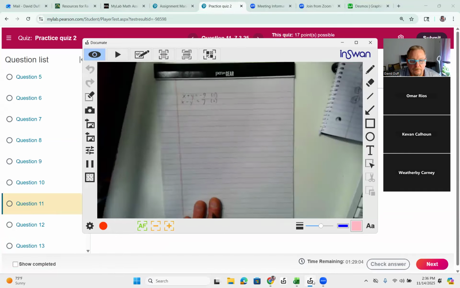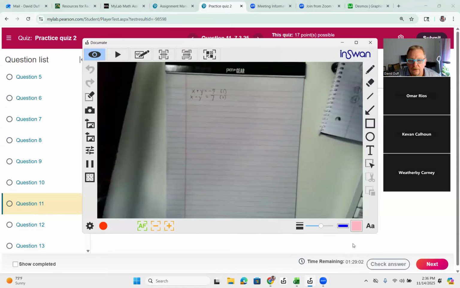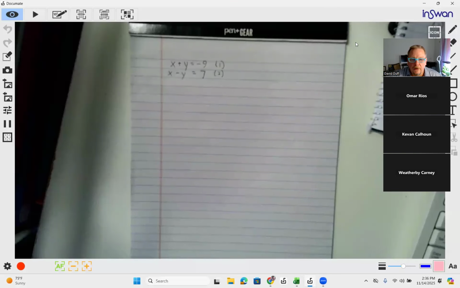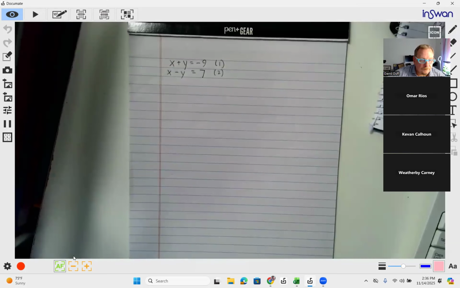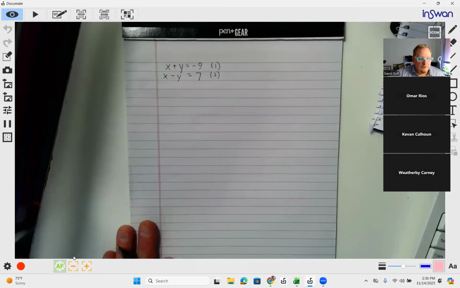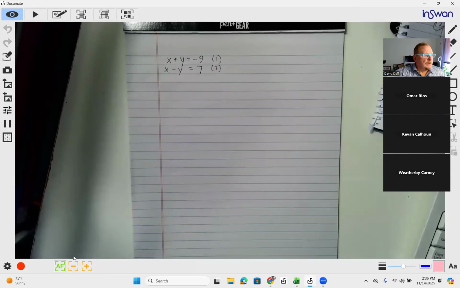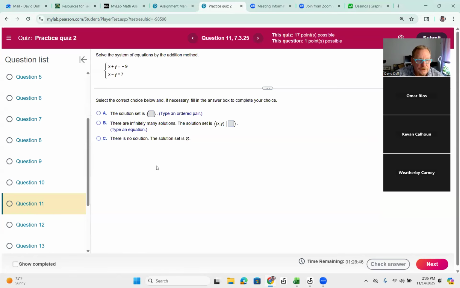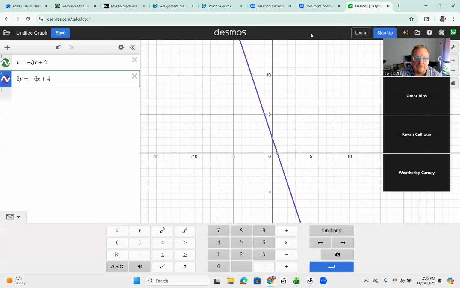Notebook? Yes, I can. Yep. All right, cool. So I can toggle back to that. Let me hit auto zoom, auto focus. I can toggle to the notebook and you can see that fine. What I'm going to do is show you what this system of equations looks like if it's graphed.